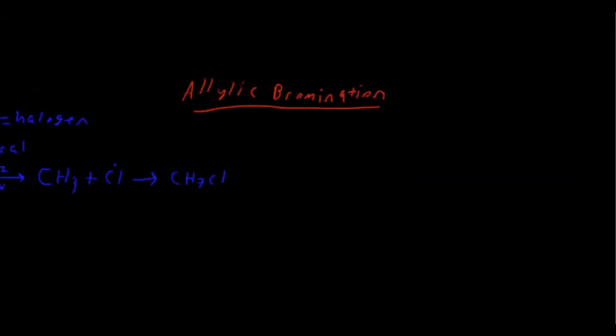So moving on to allylic bromination, we have to understand what an allylic carbon is. An allylic carbon is a carbon that is sp3 but is also sitting next to an sp2 carbon.